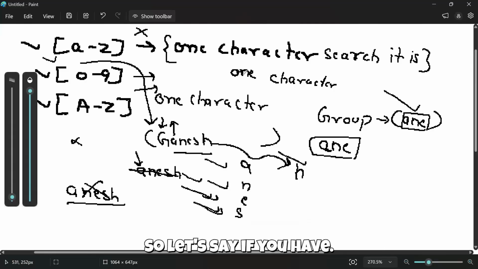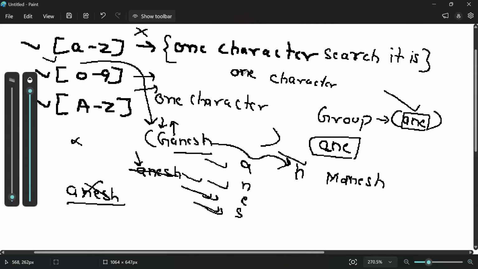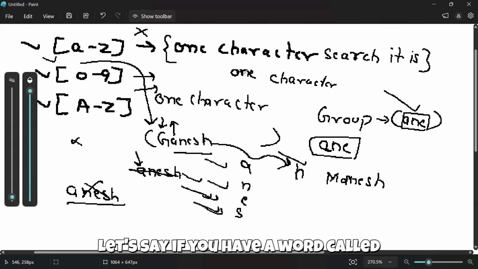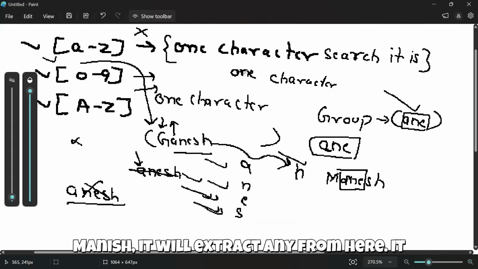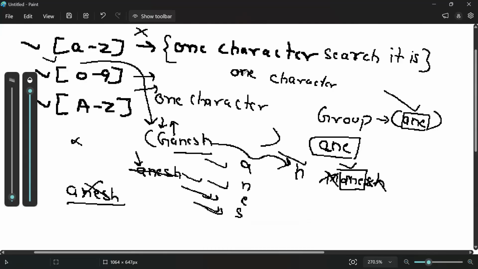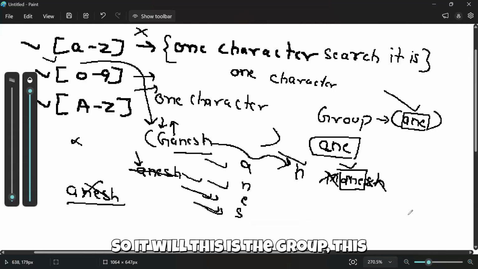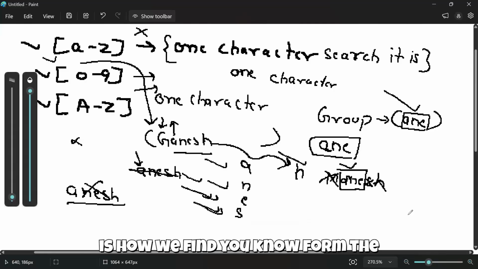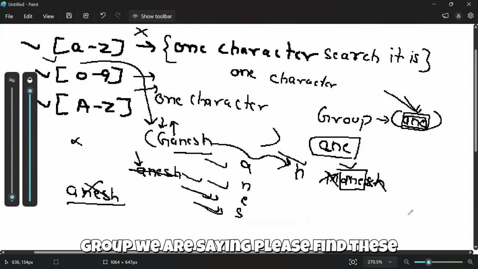Let's say if you have a word called Manish, it will extract "an" from here. It will ignore my M and S and H. This is how we form the group. We are saying, please find this group of characters in this pattern, exactly in this manner.